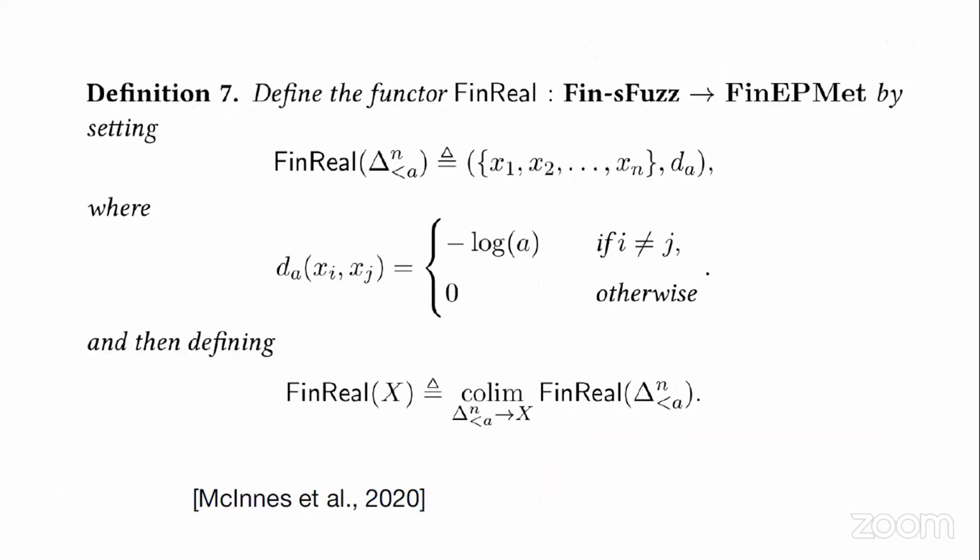So here are the two main things that they do. They take a data set, represent it as a simplicial set, and construct a functor that maps it to what they call a pseudometric space. They call it a pseudometric space because you're allowed to have infinite distances. And then they construct a reverse functor, so it's a pair of adjoint functors.